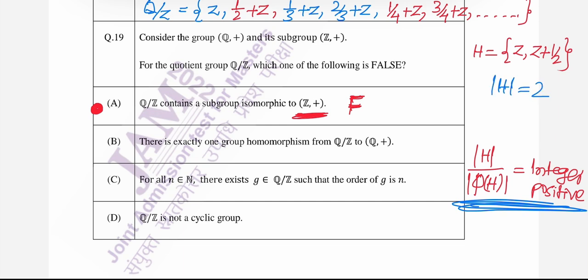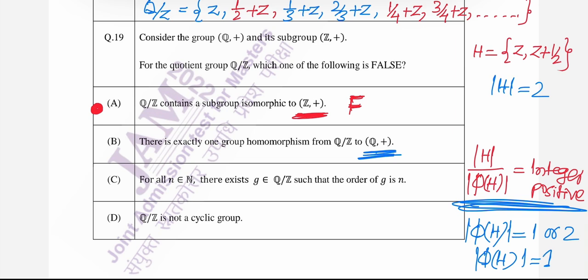So order of phi H should be 1 or 2, but as I explained earlier, phi H is a subgroup of Q plus. This time you see here Q plus, and in Q plus there is no subgroup of order 2. So the order of phi H will be 1.